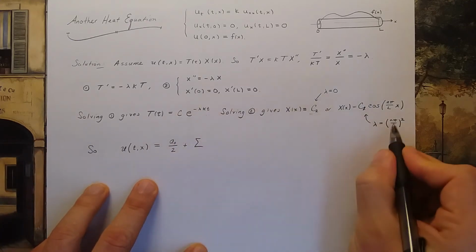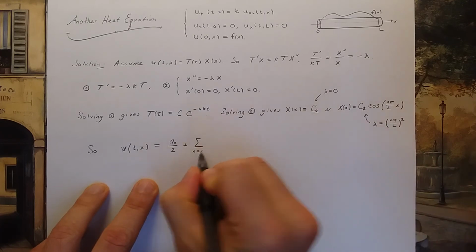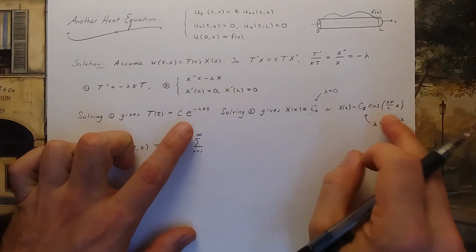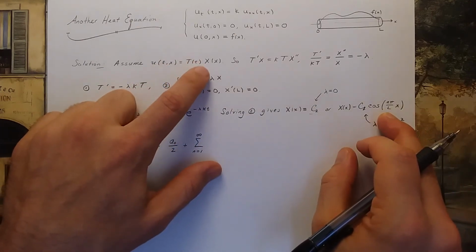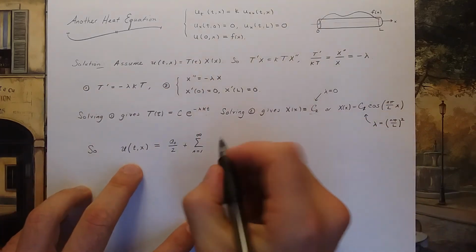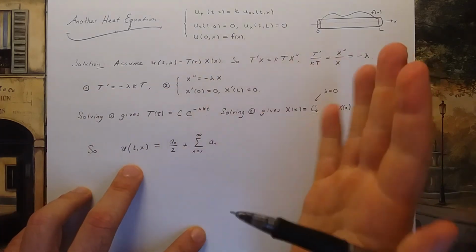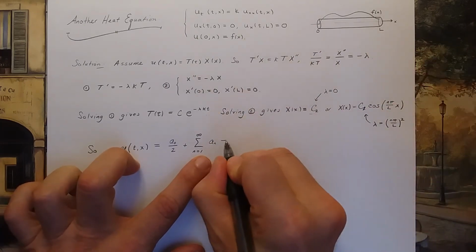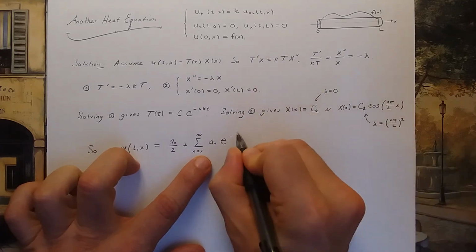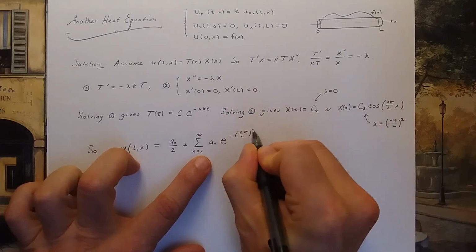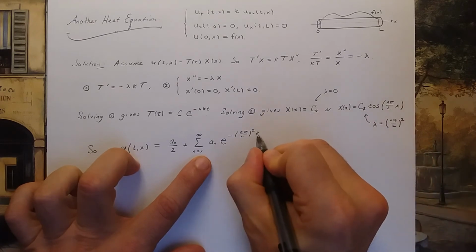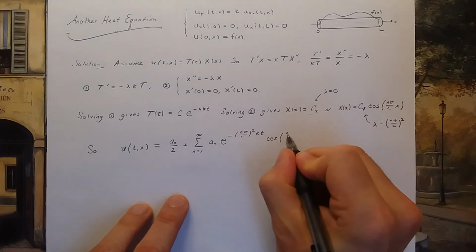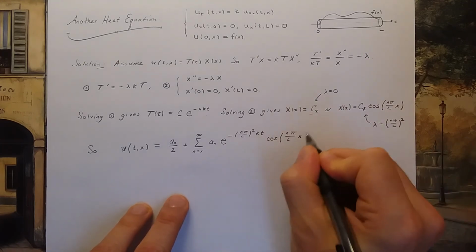Then I'm going to add all positive values of n, starting at 1 and going on. Then I'm going to write down a constant times these two things multiplied together. Again, because that was my general assumption to begin with. So I have a constant, which I'll call an, again, because that was the notation we used when we discussed Fourier series. An times e to the negative lambda, which is n pi over L squared, times kt, times the cosine function, n pi over L x.